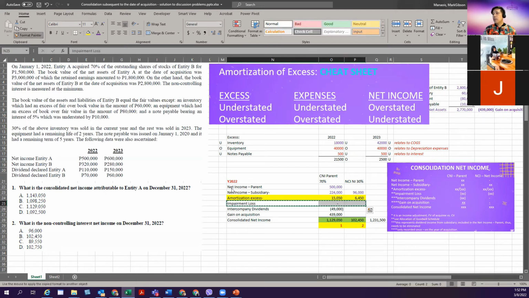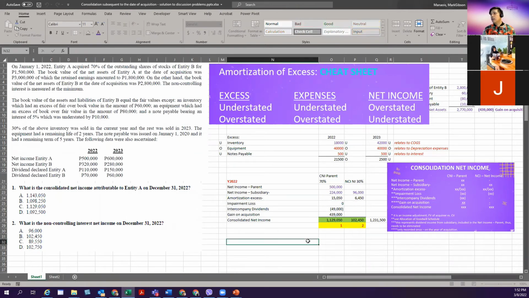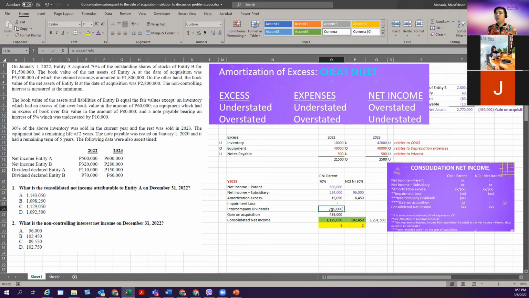Now, there's no mention of an impairment loss, so it's zero. Next, intercompany dividends. Entity B declared dividends. Since company A owns company B, what percent? 70%. We don't want to double take up the intercompany dividend, so we need to deduct this.